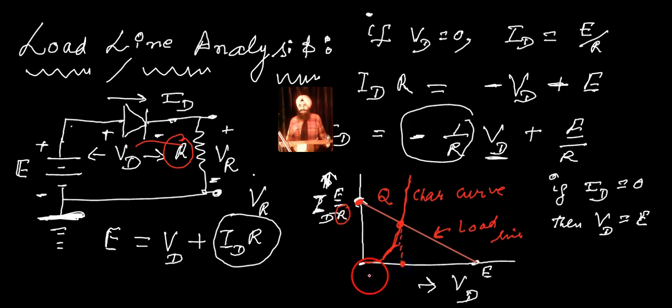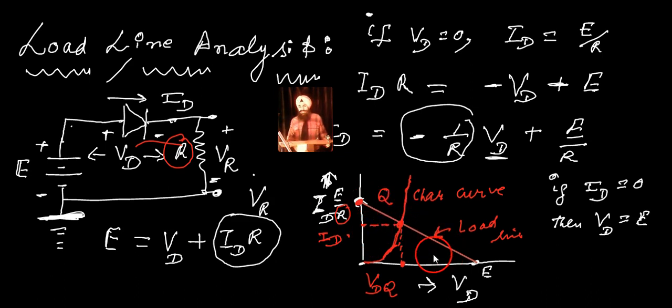Now according to the Q point, we draw a perpendicular on the VD axis. So we draw a perpendicular, that is the VD, diode voltage. And that is the diode current for the Q point.